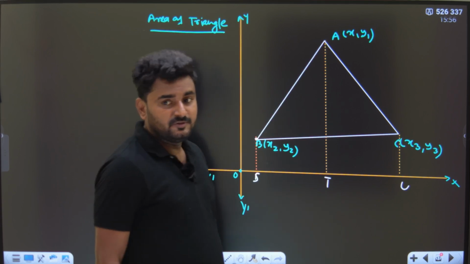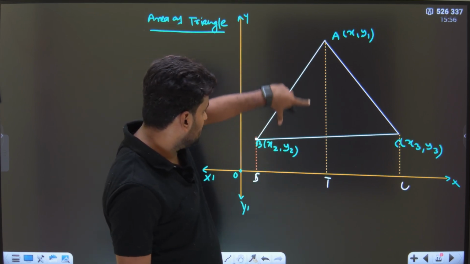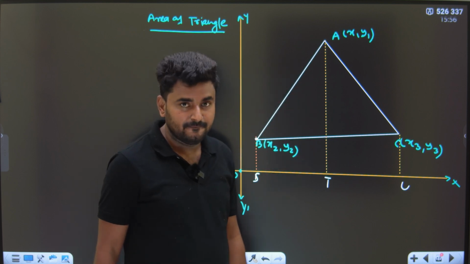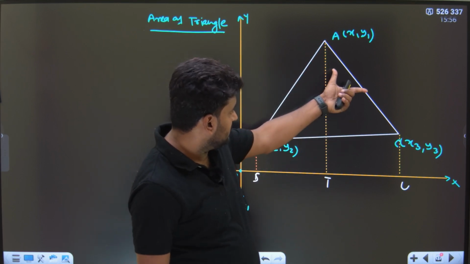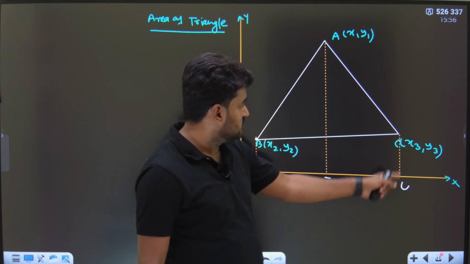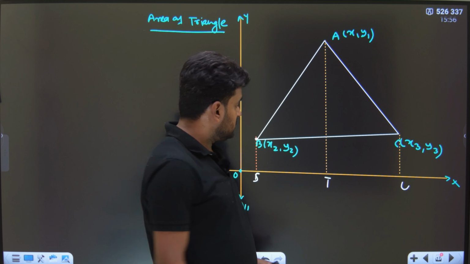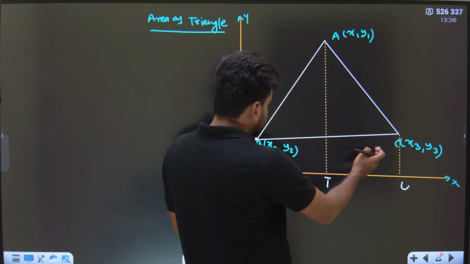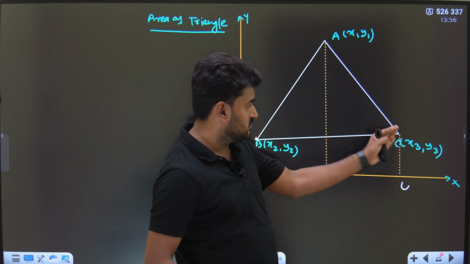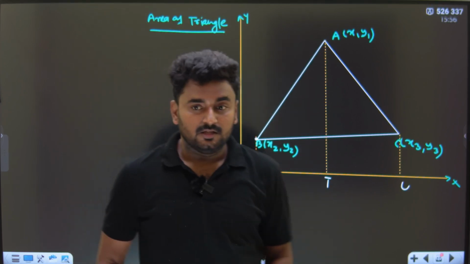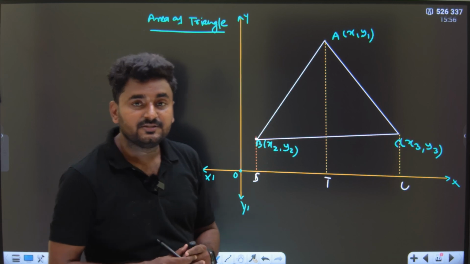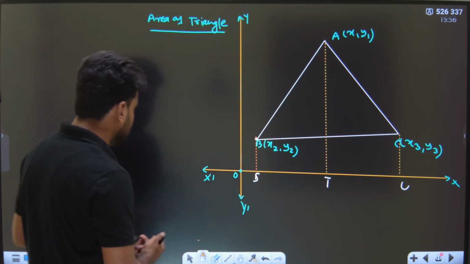First of all, I will find the area of this trapezium, then I will find the area of this trapezium ATUCA. Then I will subtract the area of this trapezium BSUC. The final result gives us the area of the triangle. Let us try to do it.